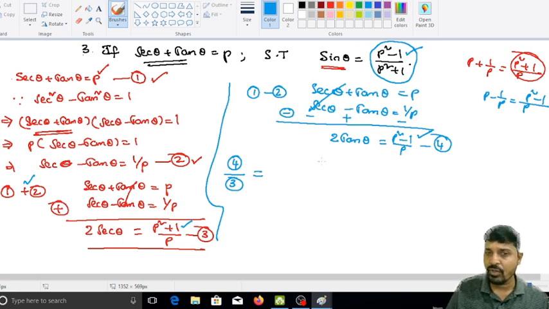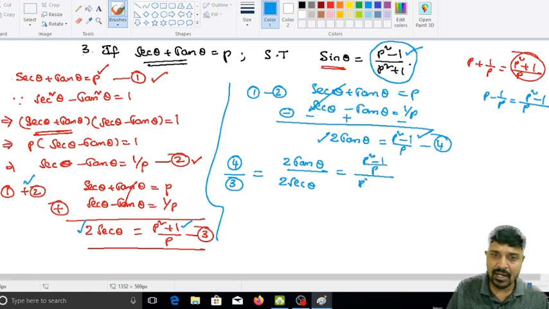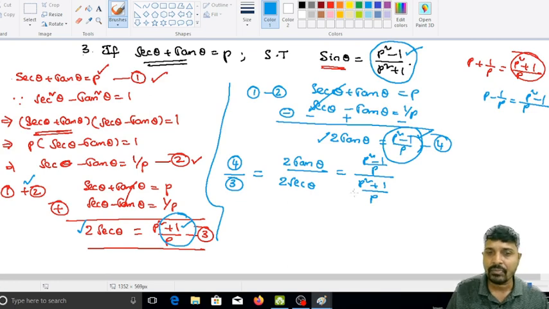See, when we have to divide two equations, LHS by LHS and then RHS by RHS. 2 tan theta is LHS here. 2 sec theta is LHS here. 2 sec theta is equal to, here it is p square minus 1 by p, and here it is p square plus 1 by p. This term divided by this term. Now p gets cancelled. Here we got p square minus 1 over p square plus 1.